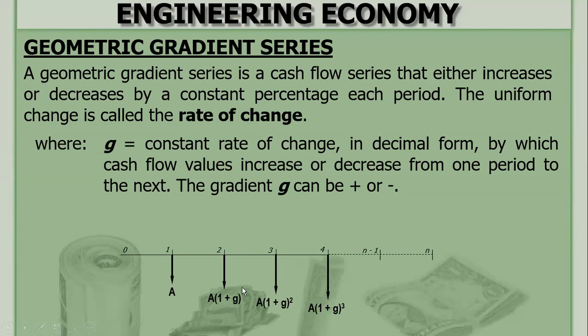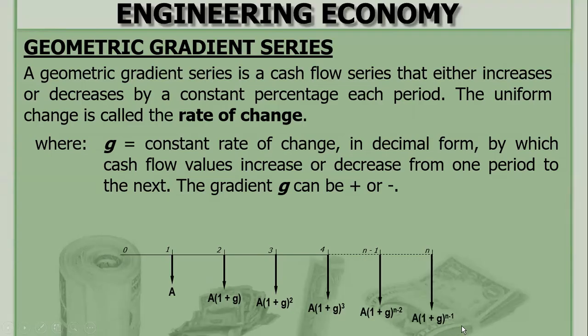For period 2, the exponent is 1. For period 1, the exponent is 0, because if you multiply A by 1 plus G raised to 0, it's still equal to A. So therefore, for the nth period, we have A times 1 plus G raised to N minus 1.